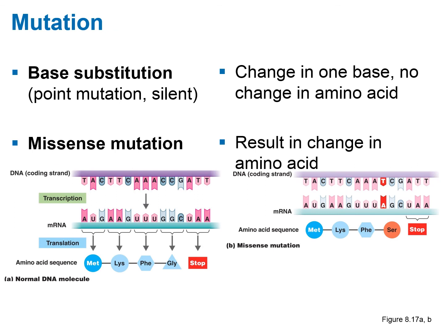So picking up with the base substitution, we're going to have a DNA sequence, kind of like the one that you see here in purple, okay? But there will be a nucleotide change. And because of that nucleotide change, you can have any number of results. You could have a change in the amino acids that are encoded. You could have a stop codon inserted.